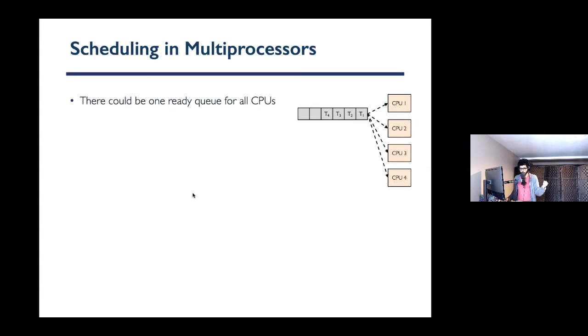In a uniprocessor, there's only one CPU that would take tasks from this ready queue. In a multiprocessor, a naive way to extend this is to make every processor able to extract tasks from this single ready queue. So what would be the problem with this?